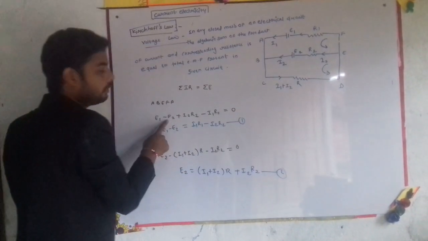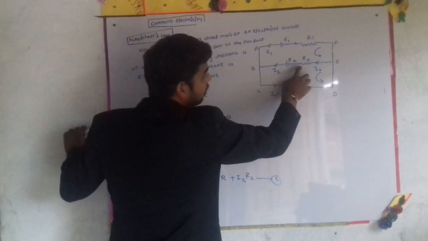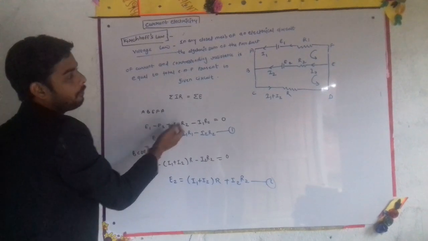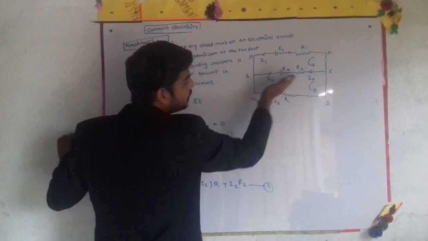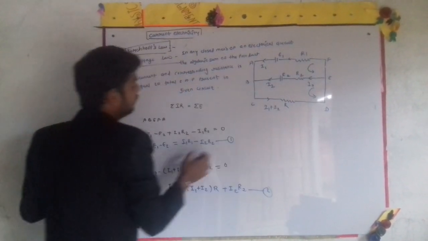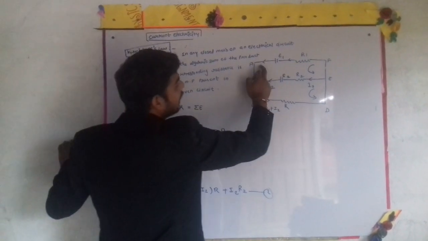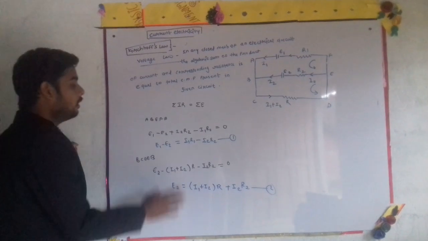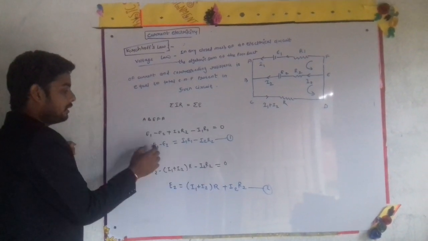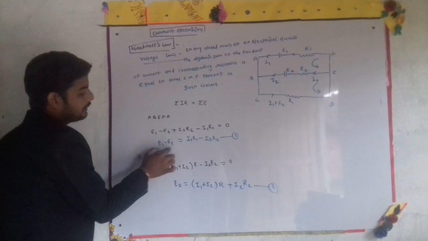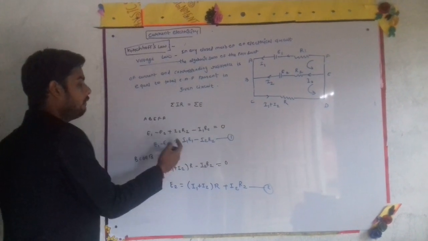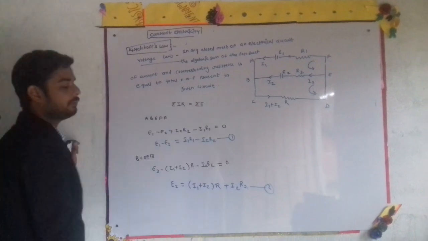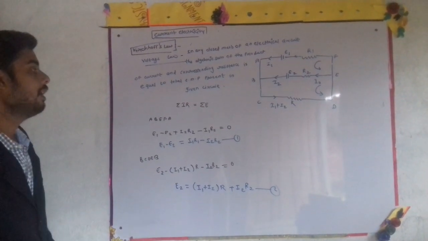So we take minus E2, and then I2 and R2, that is also taken positive because we are going in the same direction, and I1 R1 we take negatively. So by this equation we get E1 minus E2 equal to, by transposing, I1 R1 minus I2 R2. This will be our equation number first.